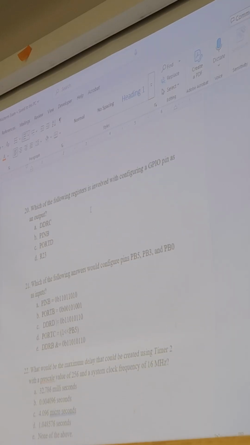For question number 20, I think everyone more or less got this appropriately. This is asking about configuring a general purpose input-output pin. When we're asking about setting it up as an output, this is talking about the data direction.